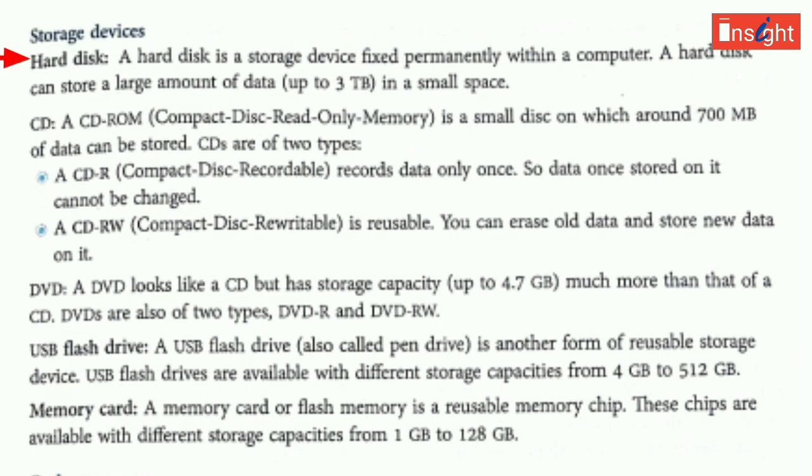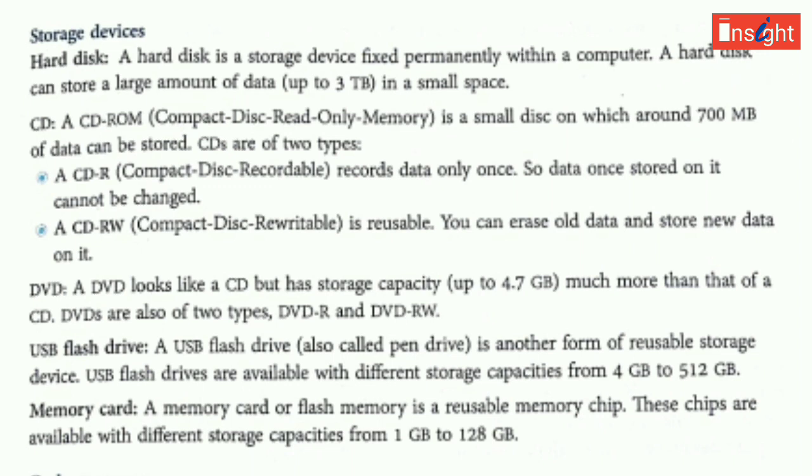Hard disk. A hard disk is a storage device. It is fixed permanently within a computer. A hard disk can store a large amount of data, up to 3 TB, in a small space. Another type of storage device is CD, compact disc. A CD-ROM is a small disk on which around 700 MB of data can be stored.